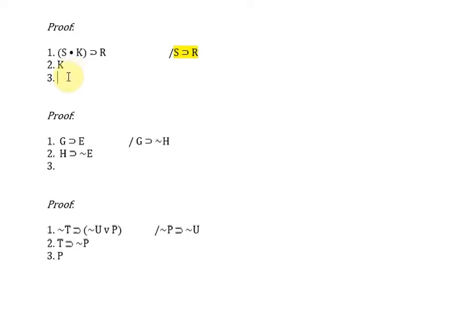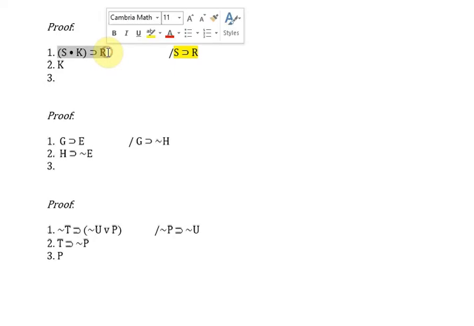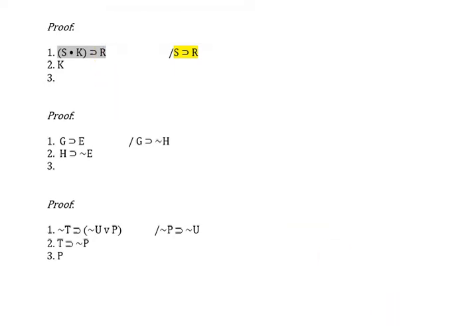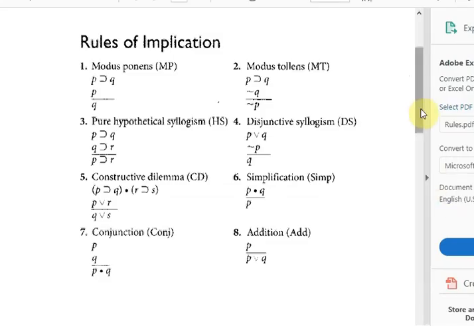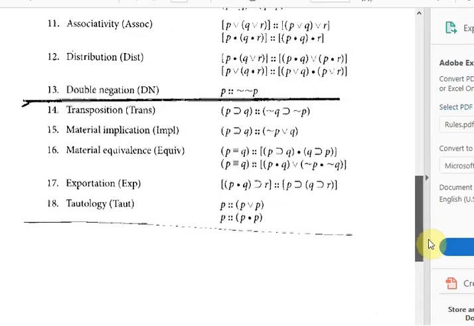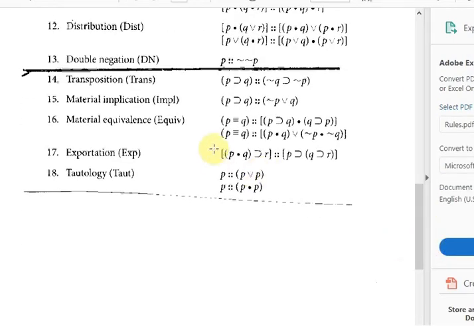Okay, so the first thing that we should notice is that this form here, if S and K then R, does look somewhat familiar in terms of one of the new rules from our last video, and that's exportation, right? I'm going to highlight it over here. Notice that with exportation we have if P and Q then R, and then we have that is equivalent.